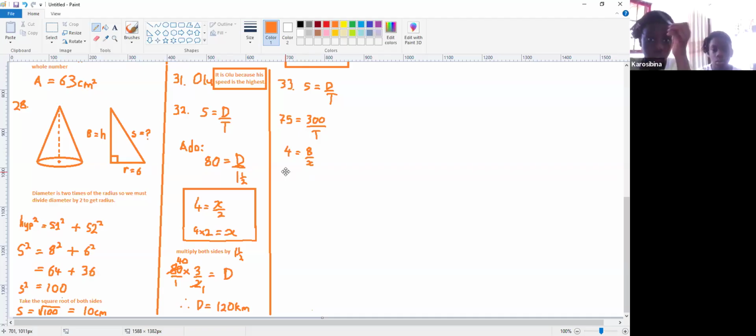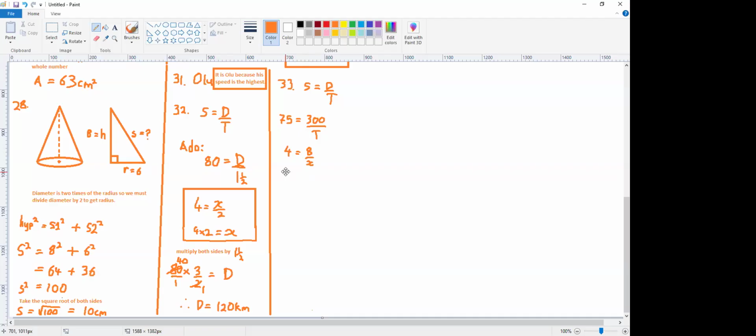Should we divide? No, you can't divide now. Don't worry, I'll help you. Anytime you see yourself in this kind of situation, the best thing to do is to pretend that there's a one here. Pretend that the left hand side has a one. Are you with me? Yes sir.